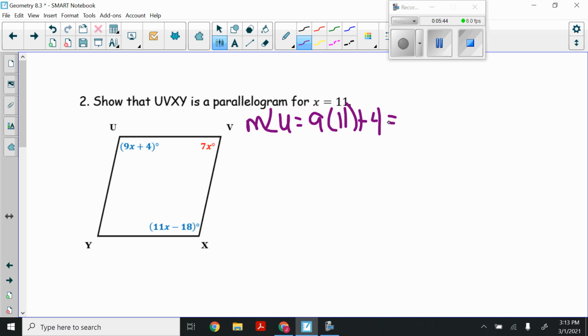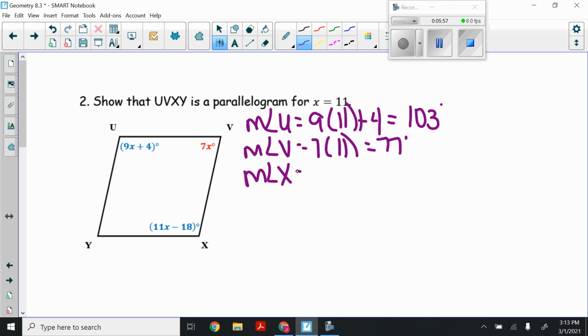So 9 times 11, 99 plus 4 is 103 degrees. The measure of angle V is 7 times 11, which is 77 degrees. The measure of angle X is 11 times 11 minus 18. So 121 minus 18 is 103 degrees.